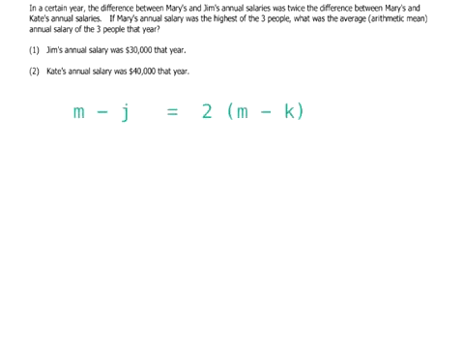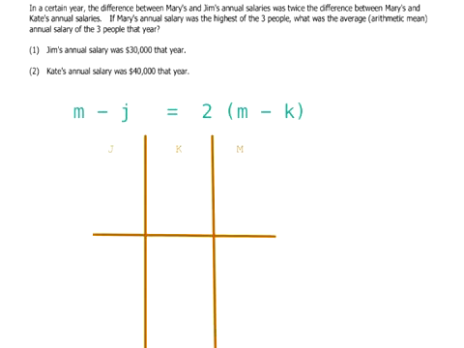Here's the equation that we figured out. So you can just make a table: Jim, Kate, Mary. And then for the two statements, remember the goal is to try to get two different numbers in there.